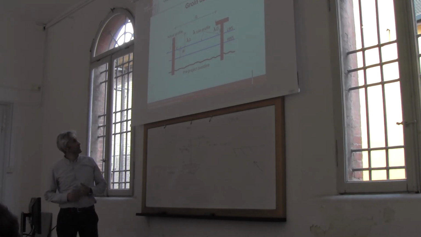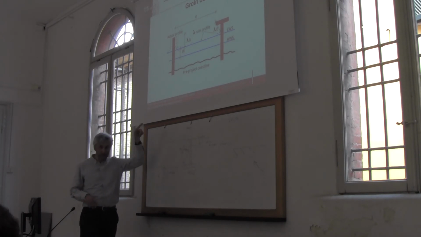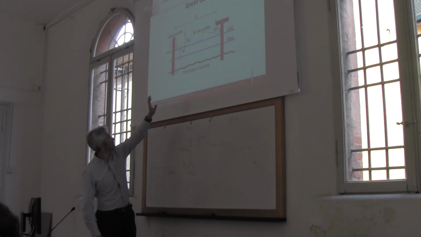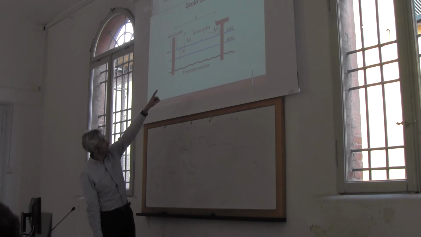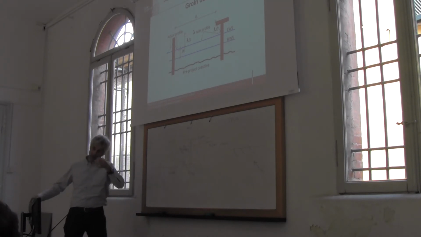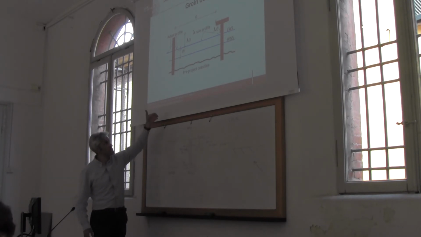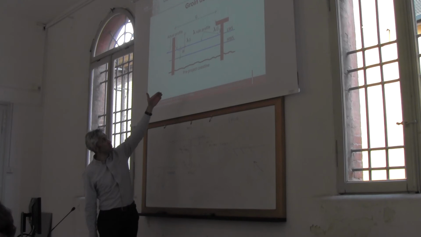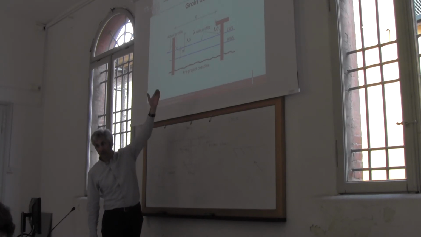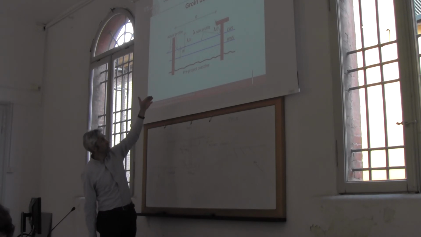Okay, now let's focus on the T-shaped groin. First, you see lambda g is measured from the extreme of the T, which means that you get a shape of the new shoreline that is carved in the proximity of the groin. And therefore, what is the effect of the T?